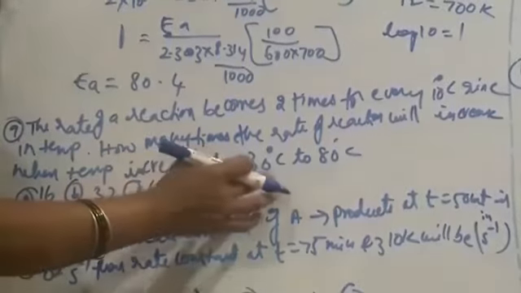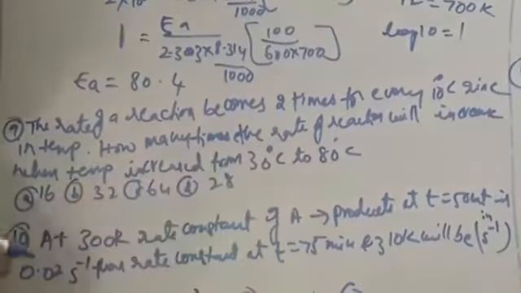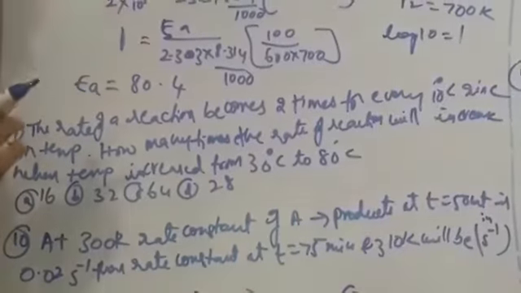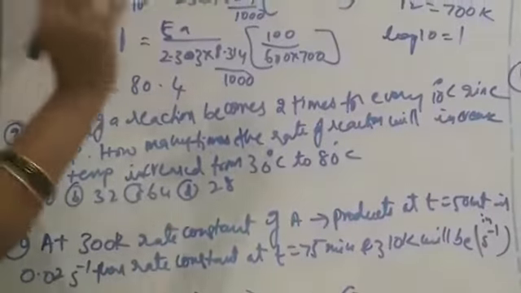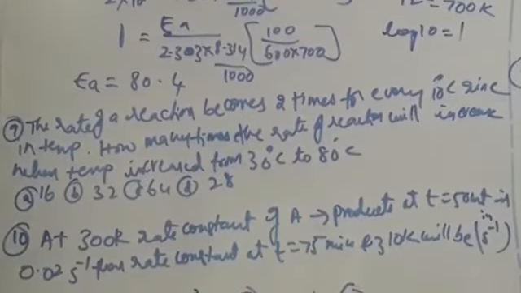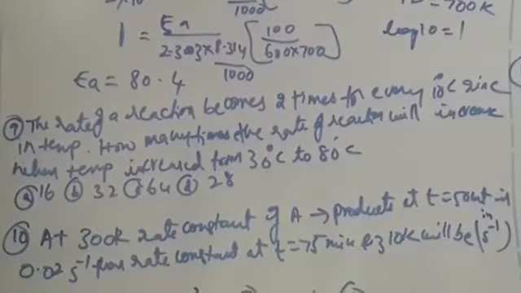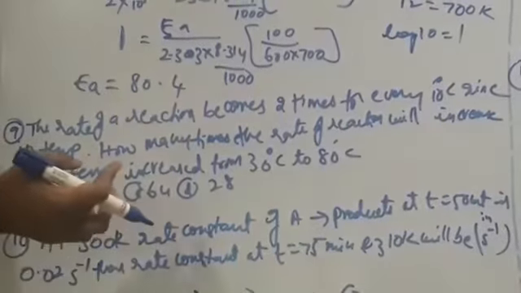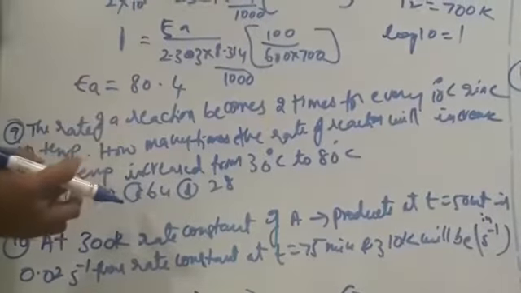So 30 degrees centigrade to 80 degrees centigrade. 30 to 40, the rate of reaction becomes 2. 40 to 50, the rate becomes 4. 50 to 60, the rate becomes 8. 60 to 70, the rate becomes 16.